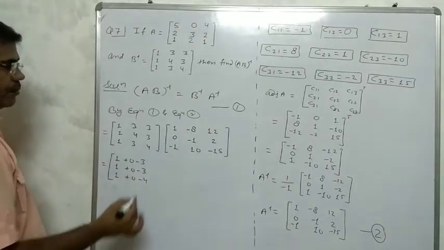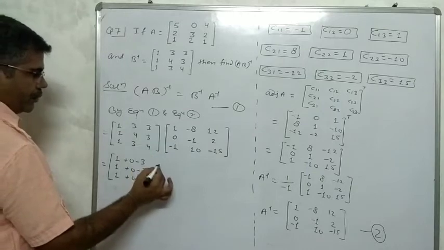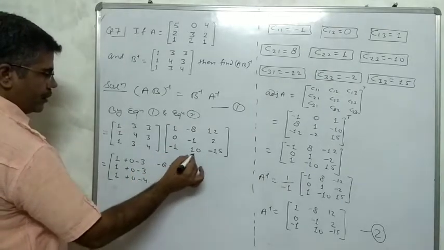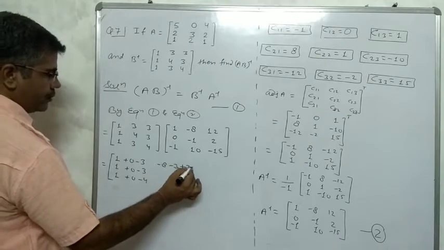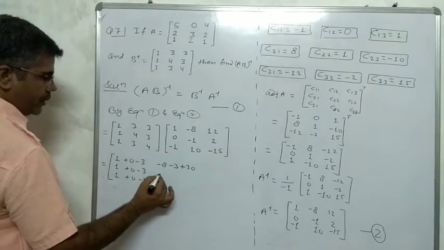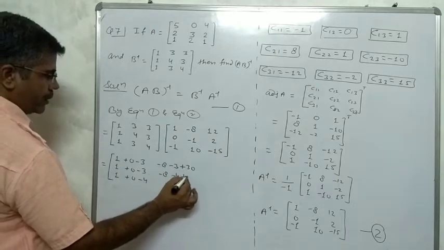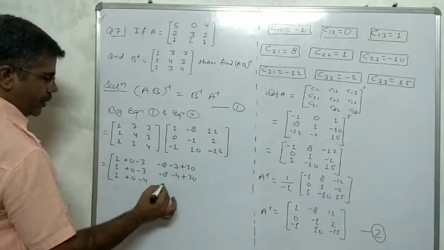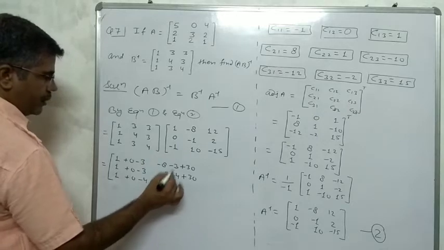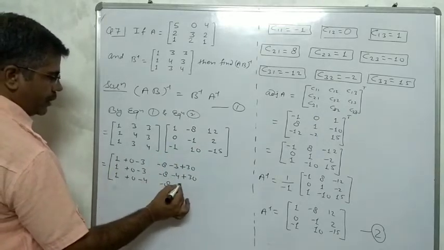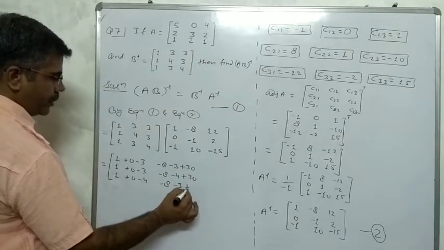Next column: minus 8 into 1, minus 8, minus 3, plus 30, minus 8, minus 4, plus 30; minus 8, minus 3, plus 40.